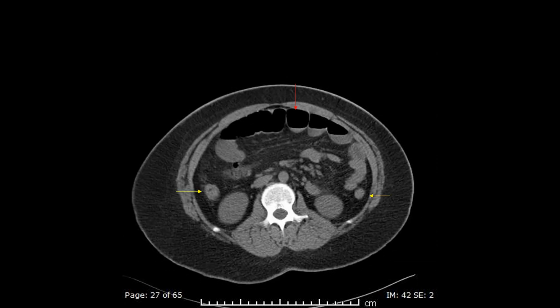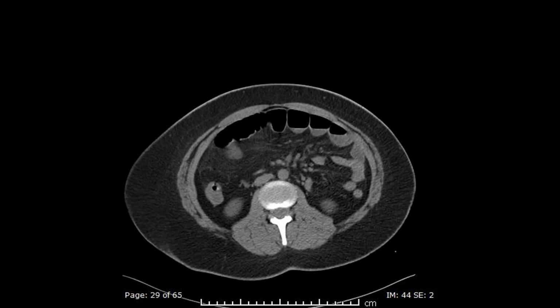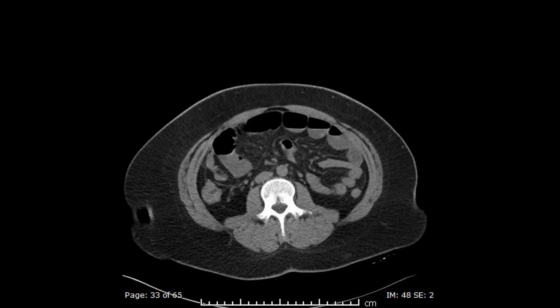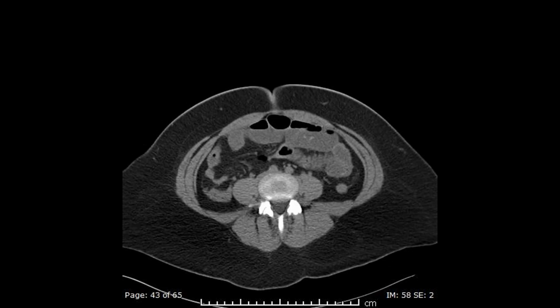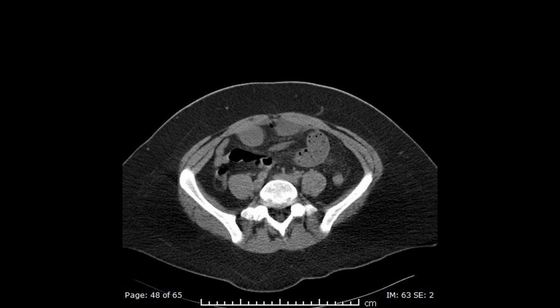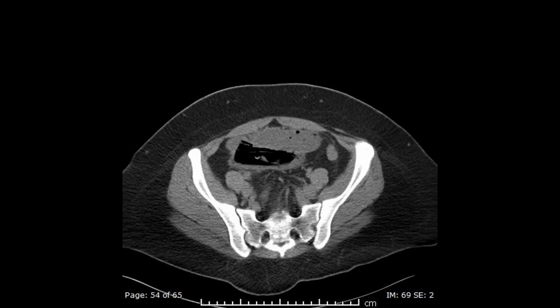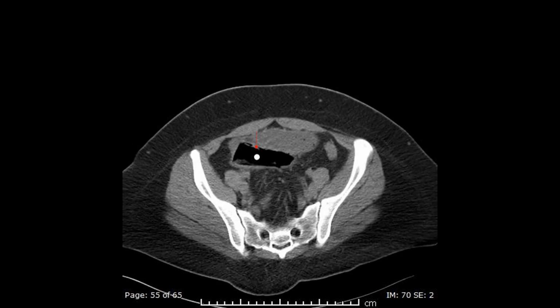This is the small intestinal obstruction, evident by dilatation of the small intestine and collapse of the colon. And this is the collapsed and migrated balloon.